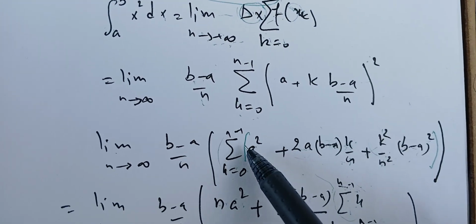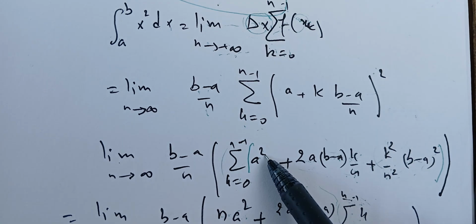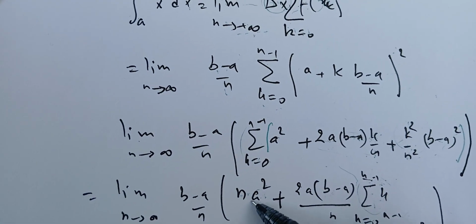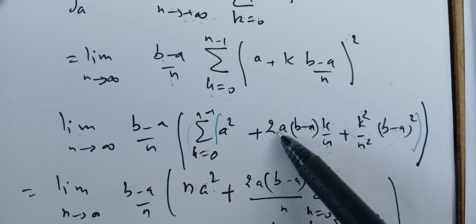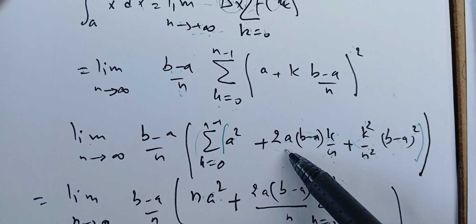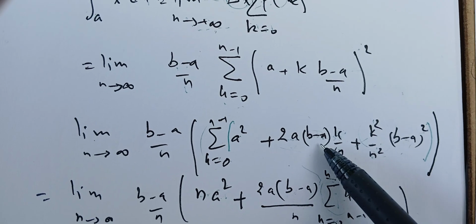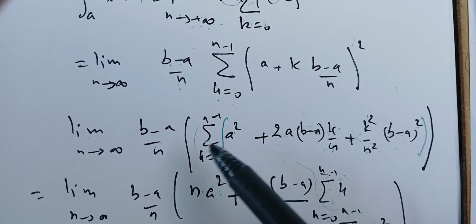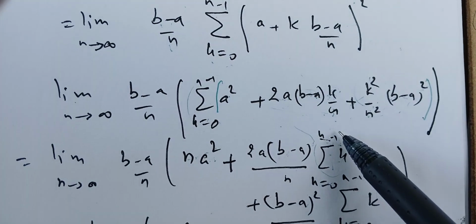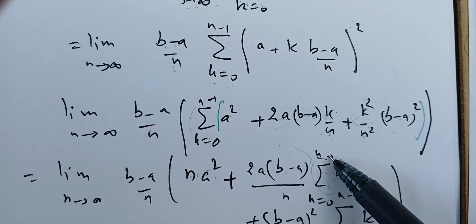So now the sum of a squared between 0 and n minus 1 is going to be n a squared. And here, we first take 2a times (b minus a) over n outside of the sum, because it doesn't depend on k, and we only sum the k's between 0 and n minus 1.